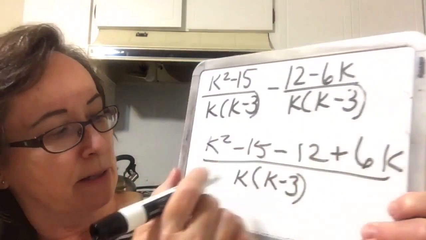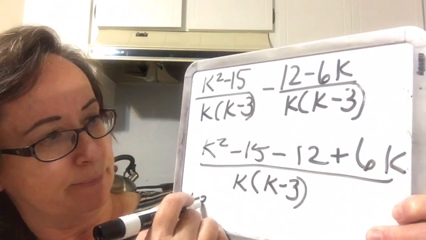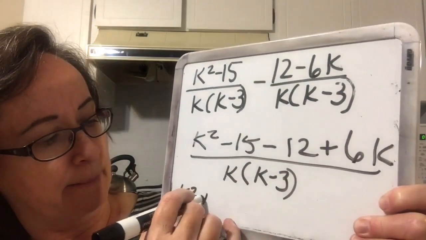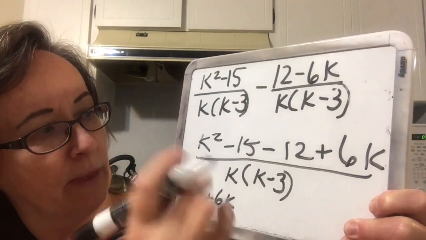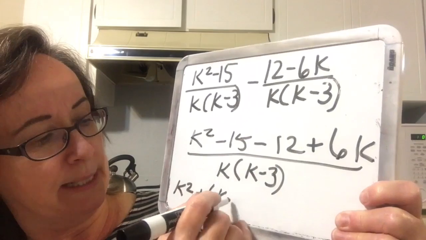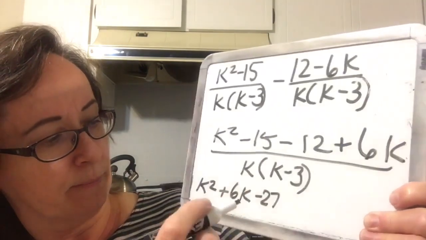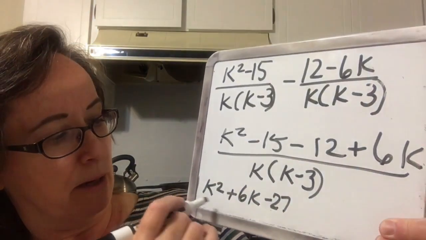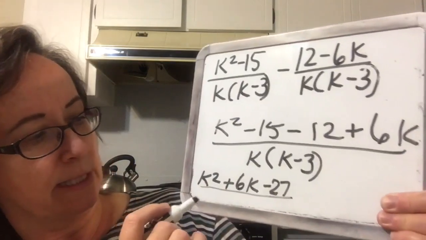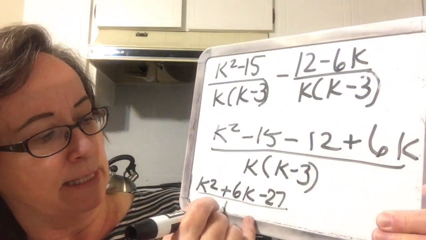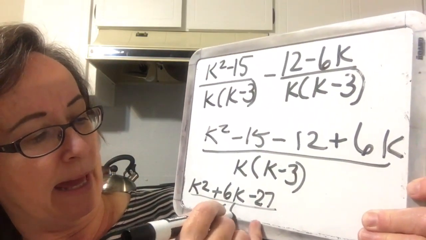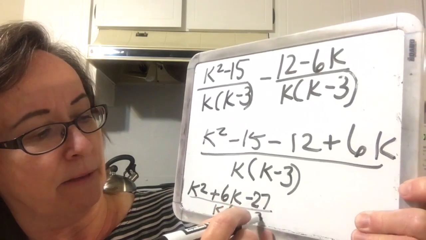This numerator is k squared plus 6k minus 27. And that's all over the denominator, which is k times k minus 3.